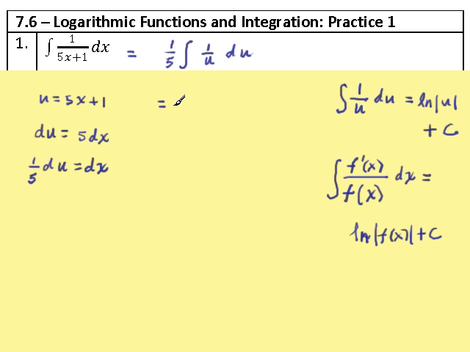All right, so this is equal to 1 over 5 ln absolute value of u. All right, so we always have to substitute back for our x, and so that's 1 over 5 ln absolute value of 5x plus 1.